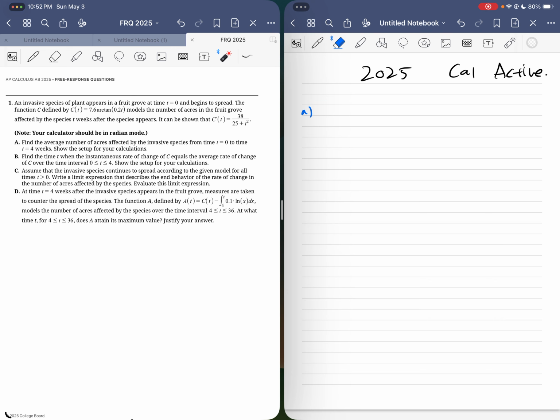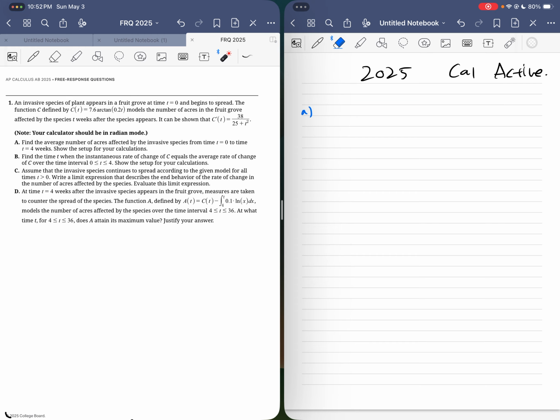Here it says an invasive species of plant appears in a forest group at time t equals 0 and begins to spread. The function c, defined by c of t equals 7.6 arctangent of something, models the number of acres in the forest affected by the species t weeks after the species appears. It can be shown that c prime of t is equal to that.